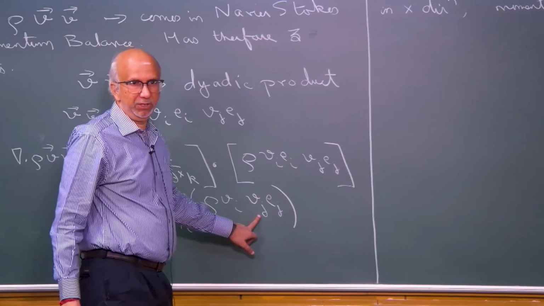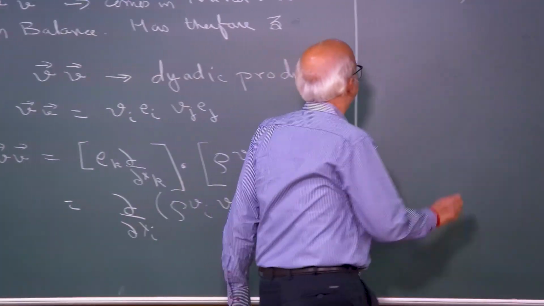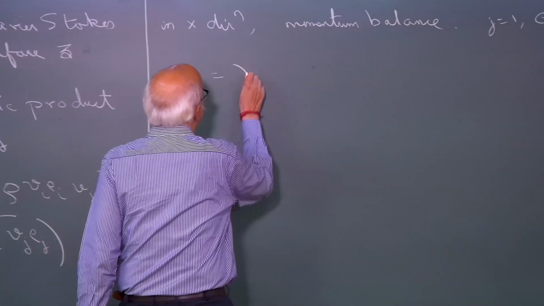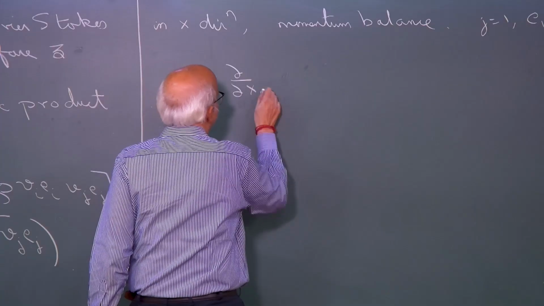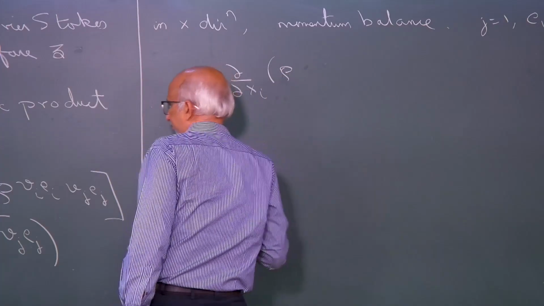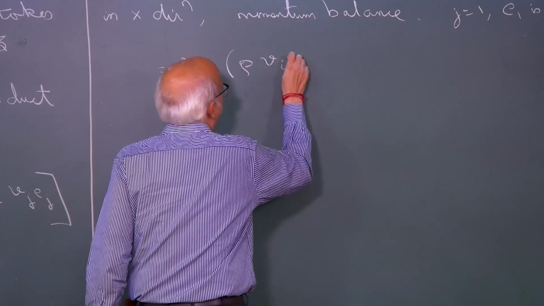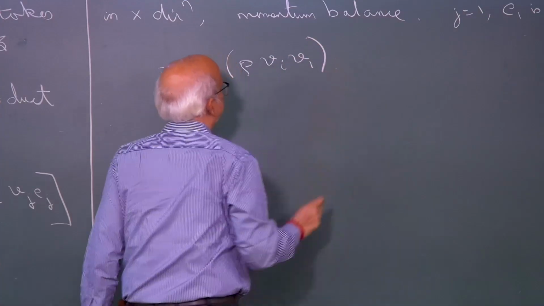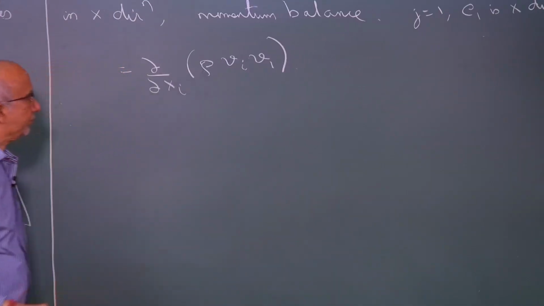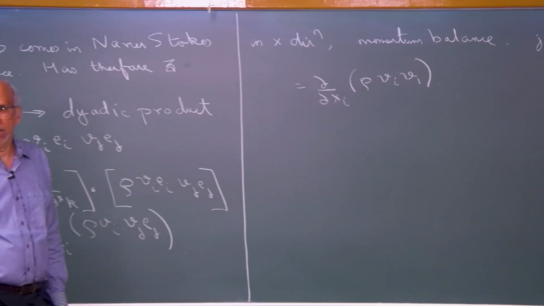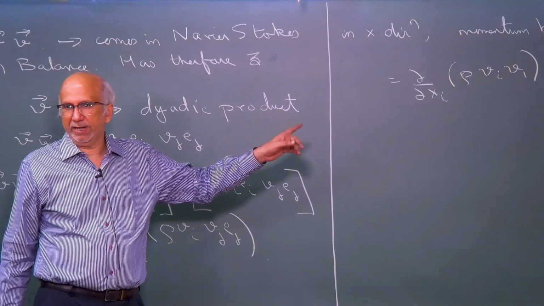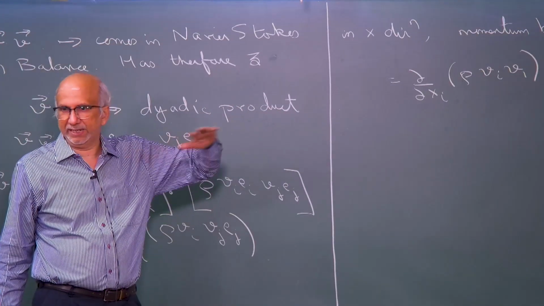So, therefore, V also will be V1, and the right hand side now becomes d by dxi of rho Vi V1. I am not writing E because it is already in the x direction.